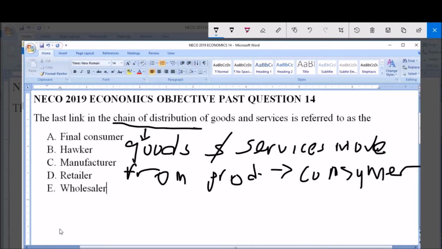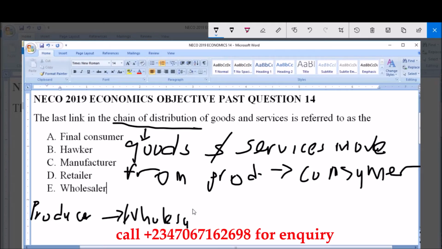And this chain of distribution is this way. So you have the producers first, who manufacture the good. Then after the producer, you have the wholesaler who buys in bulk from the producer.